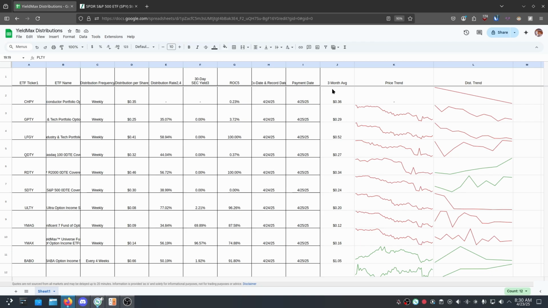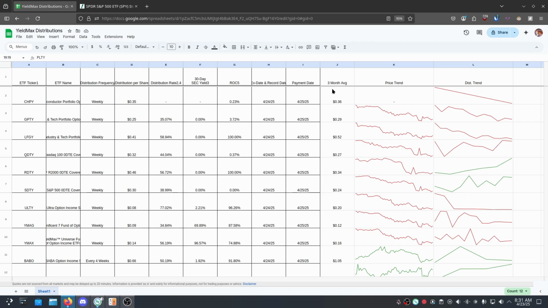And especially for weekly funds, this is almost meaningless because you're going to be getting it every week, and over the course of every week, it's going to change. There are some, like GPTY and LFGY, geez, I knew I was saying it wrong, that are pretty stable in the sense that their distribution is very close to what it is every week.